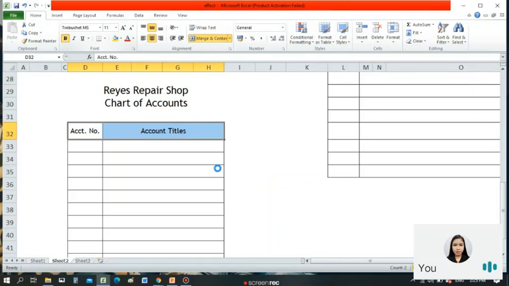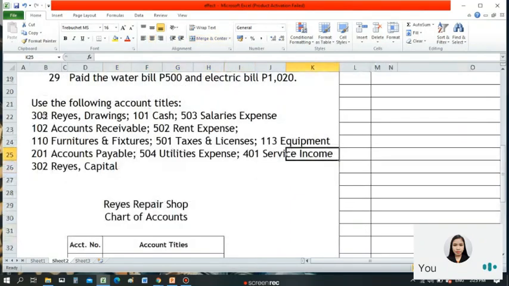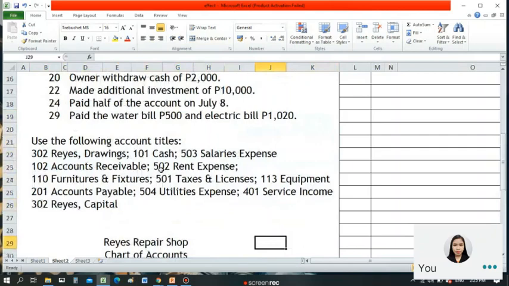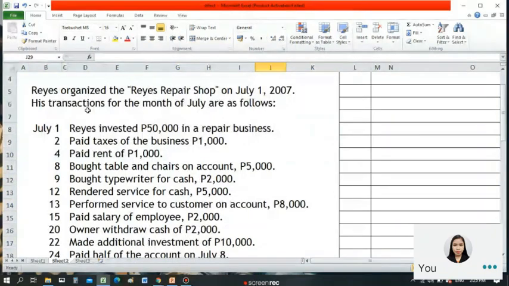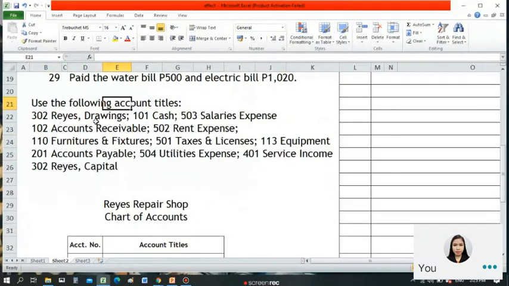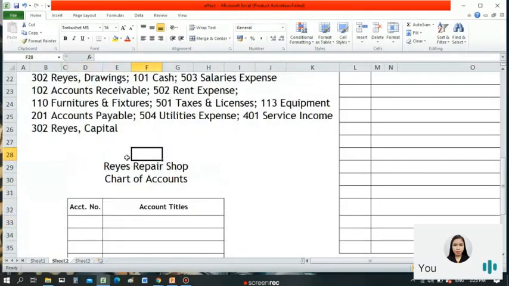So, after writing the account number column and the account titles column, next thing is you will arrange now the given account titles based on its account number. Since here in our example, wala tayong beginning capital, so use the following account titles. Kailangan lang dito matalas ang mata nyo pag susunod-sunod because you must avoid erasure.